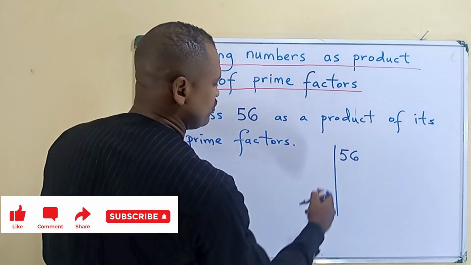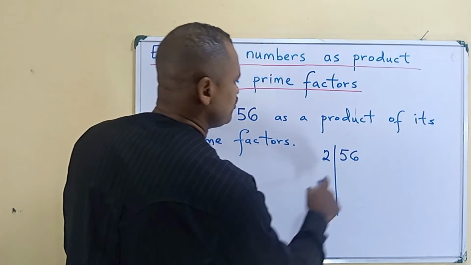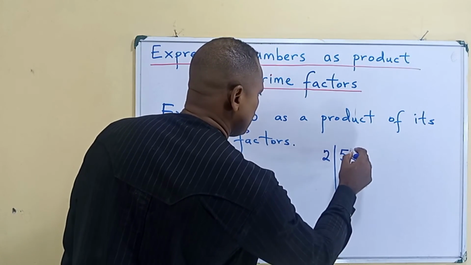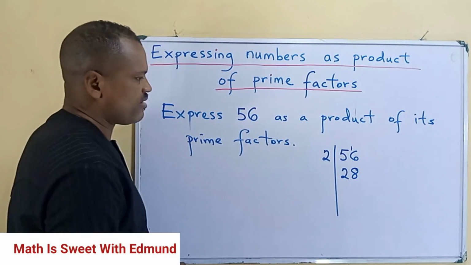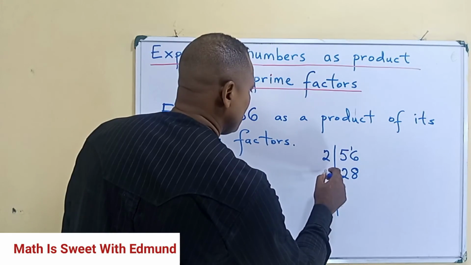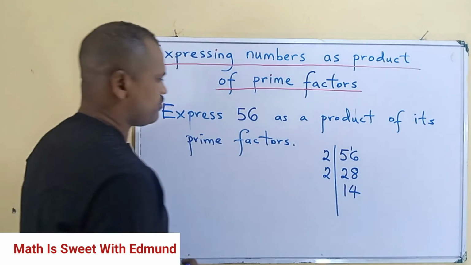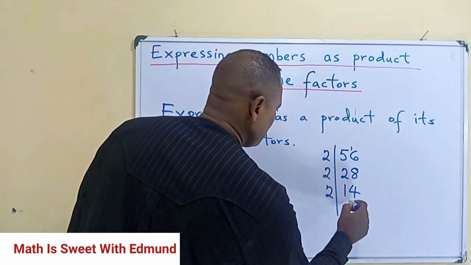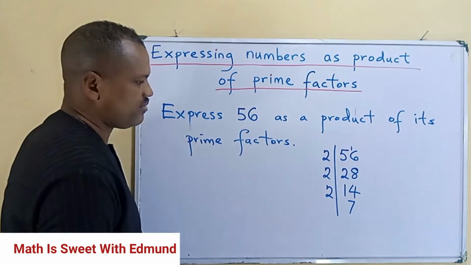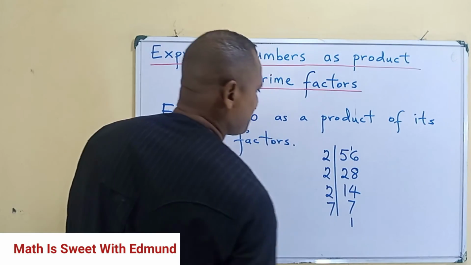Can 2 divide this without remainder? Yes. 2 into 5 is 2, remainder 1. 2 into 16 is 8. 2 can divide again. 2 will give us 14. 2 can divide again. 2 will give us 7. And then we use 7 there, 1.